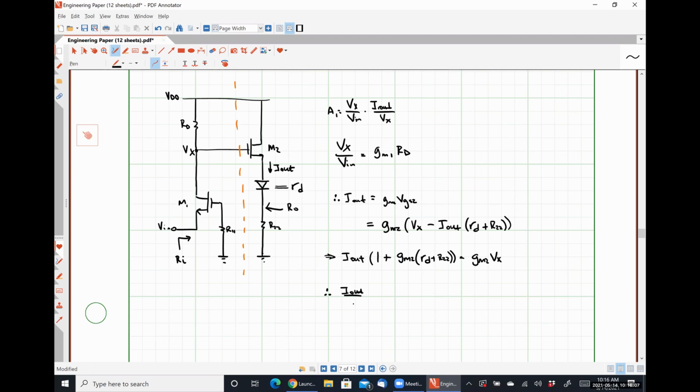I out over Vx that is GM2 divided by 1 plus GM2 RD plus R22. Everybody okay with my algebra there?